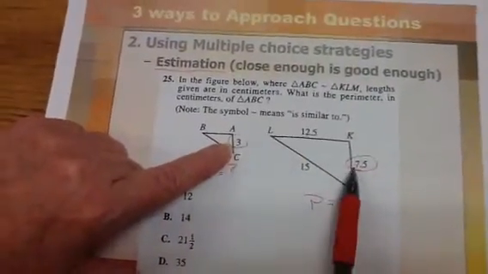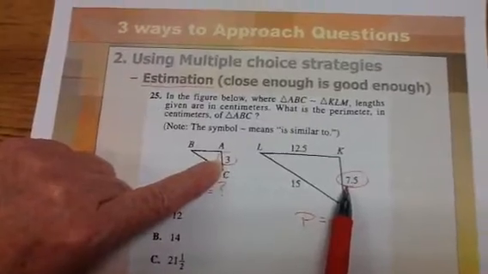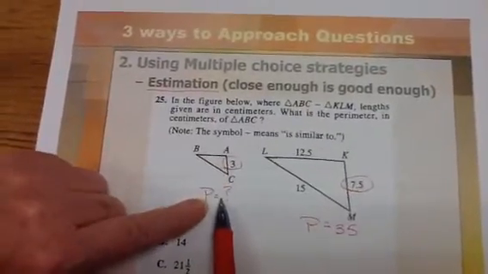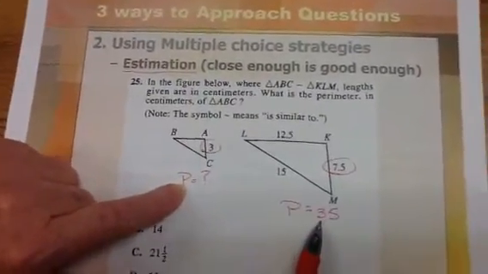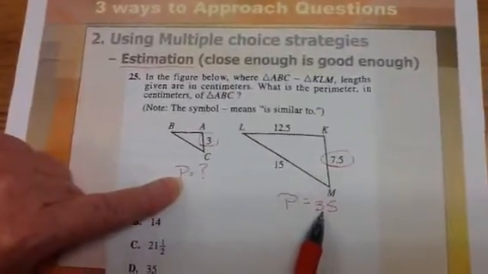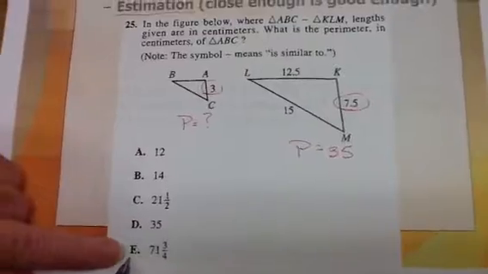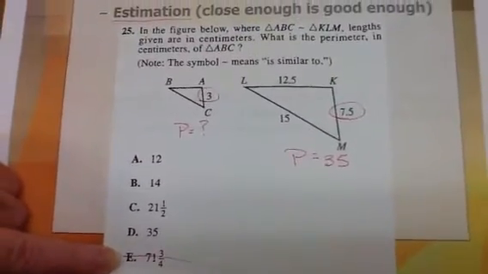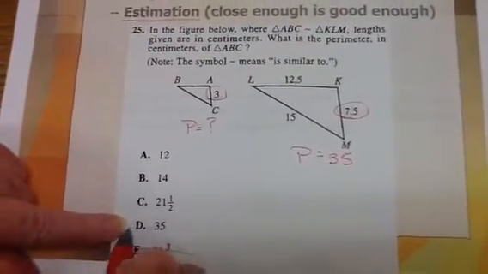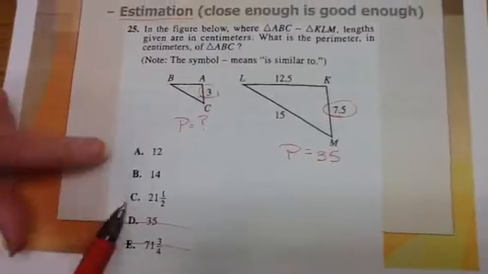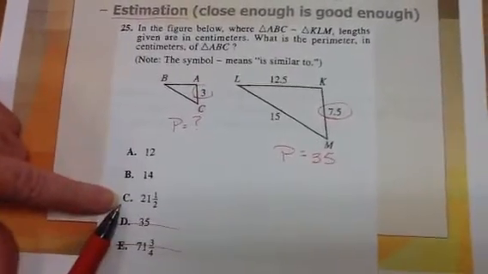3 is less than half of 7.5. So when I'm looking at the perimeter, I know that it's going to have to be less than half of 35. So over here on my answers, this 71 3/4 I can throw out. This 35 I can throw out. So I'm now really looking at 3 answers here.